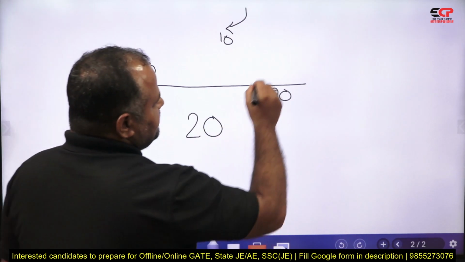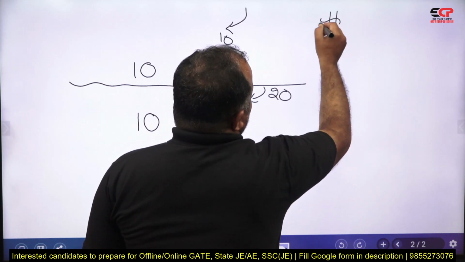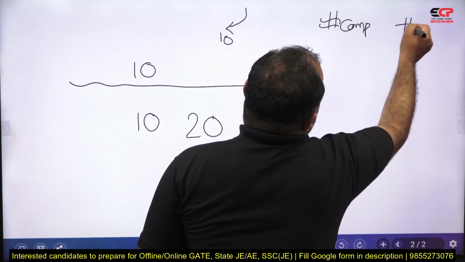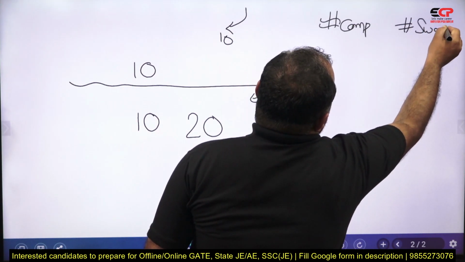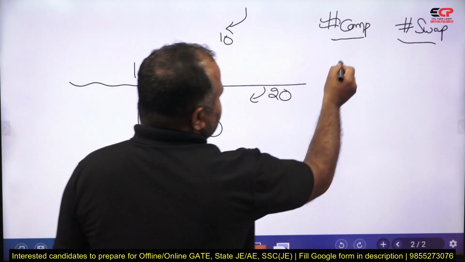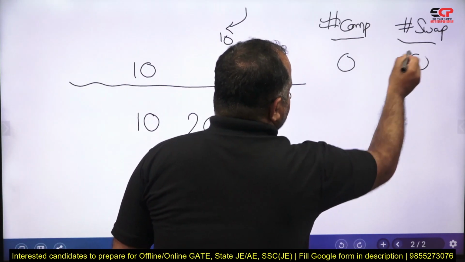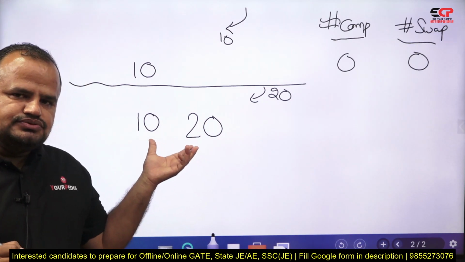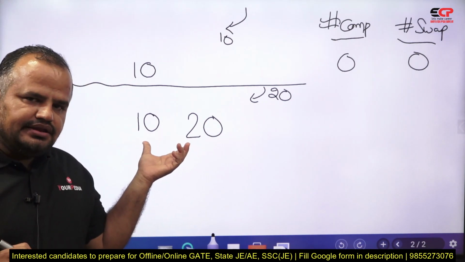So can you just tell me, parallelly, if we talk about the number of comparisons and number of swaps. For the first element, as the array is empty, 0 comparison and 0 swap. But in the second case, when element 20 came, we have to compare it with 10.